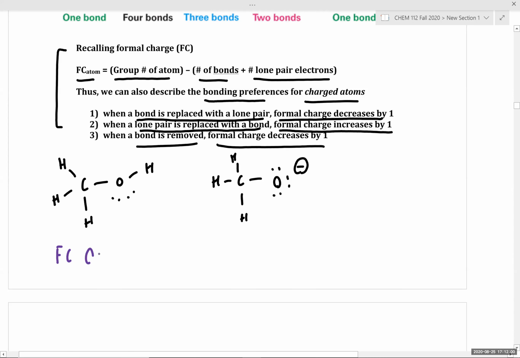The formal charge for oxygen on the left-hand side would be 6 minus 2 bonds plus 4 lone pair electrons. That would give us a formal charge of 0.